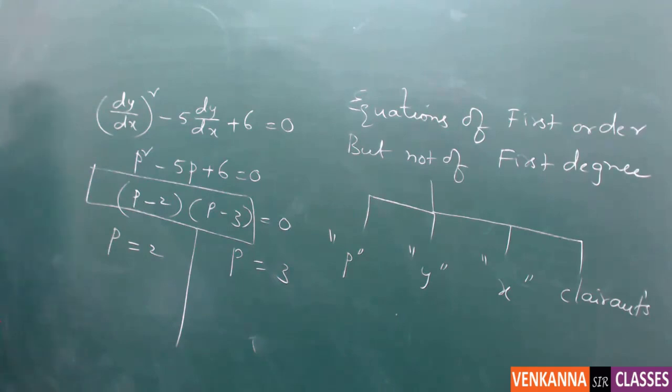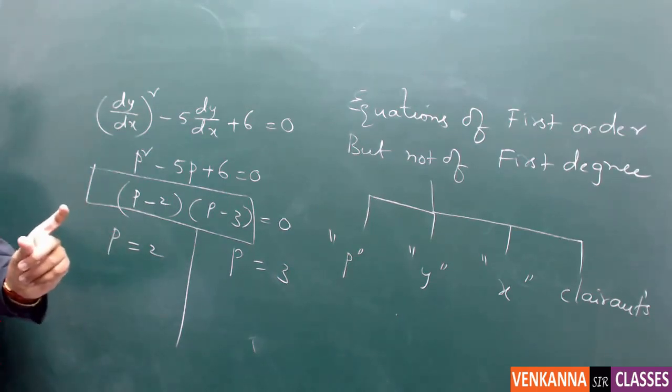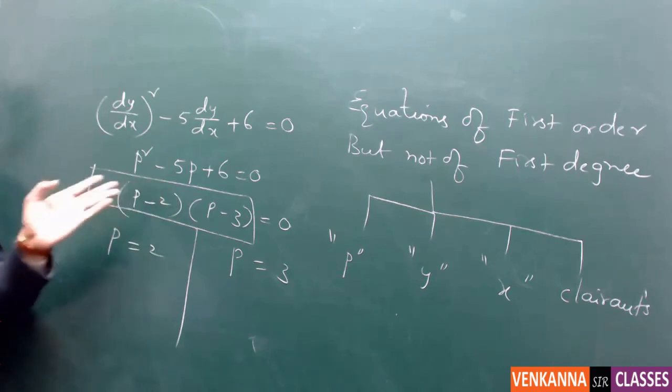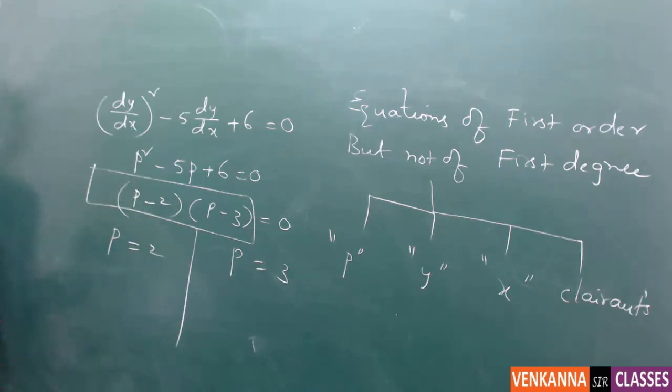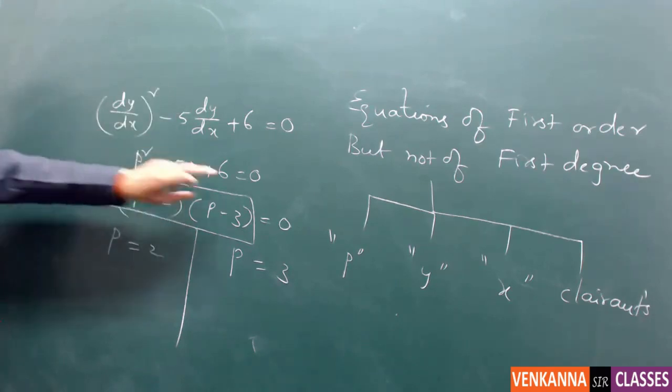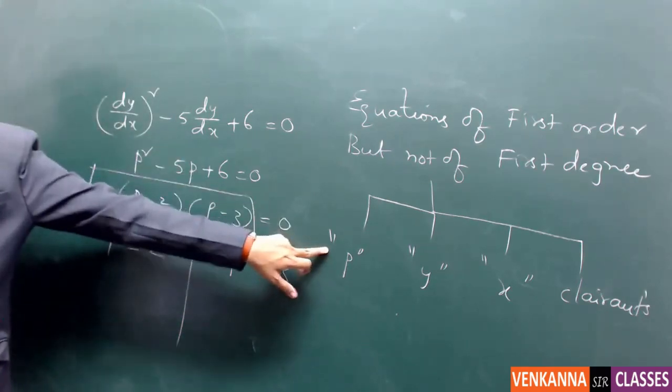Usually, whenever the given equation is there, by simply rearranging the terms or splitting the terms, you can check that taking the common values is possible, and it is possible to write it as a product of factors. Whenever this kind of equation is there, we call it solvable for p.